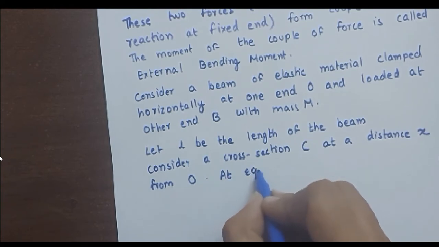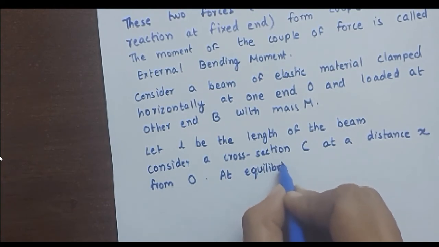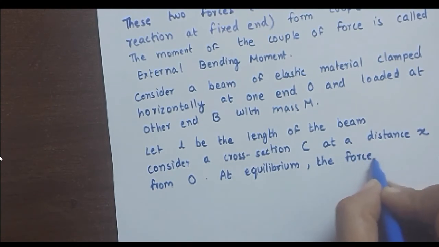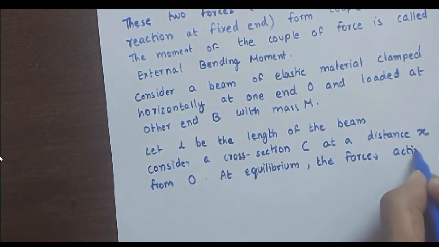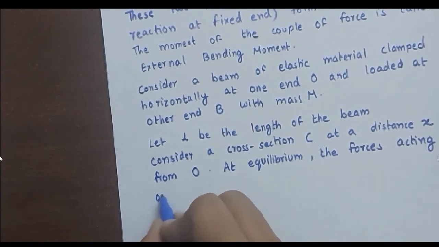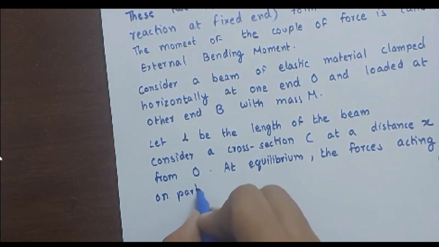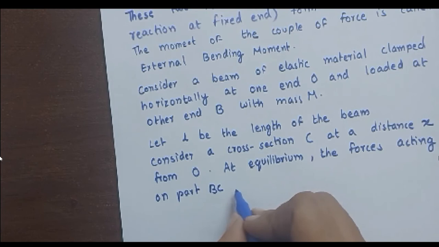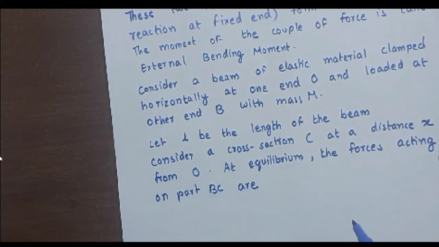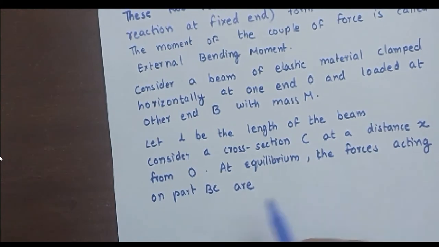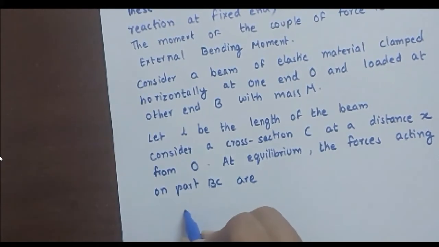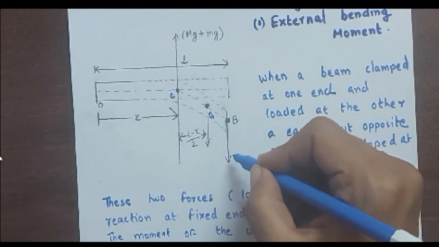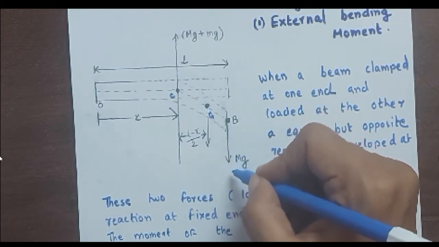At equilibrium, the forces acting on part BC are at equilibrium. We are going to consider the forces acting on BC. First is the weight Mg, acting vertically downward.